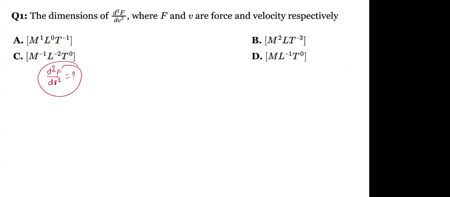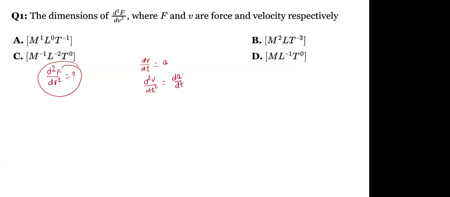Now we know that dV by dt represents acceleration, and d2V by dt square represents dA by dt.